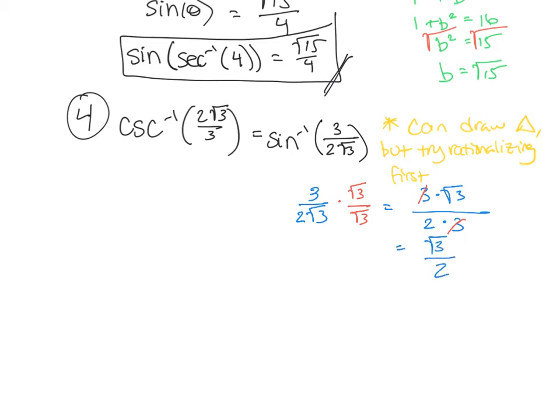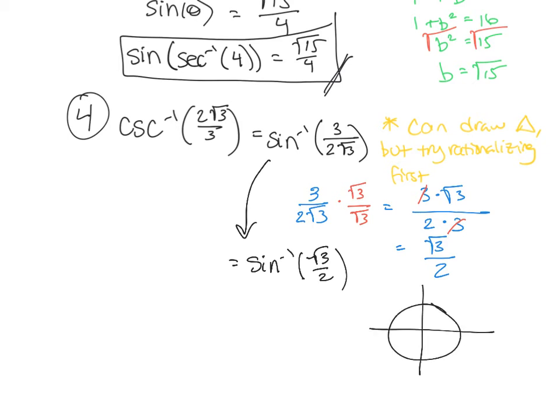And I'm like, oh, I know that one. That's a thing that I know. So what we're really saying is this is really sine inverse of root 3 over 2. Now if I was to draw the circle for this, again, here's where I'm looking for sine.